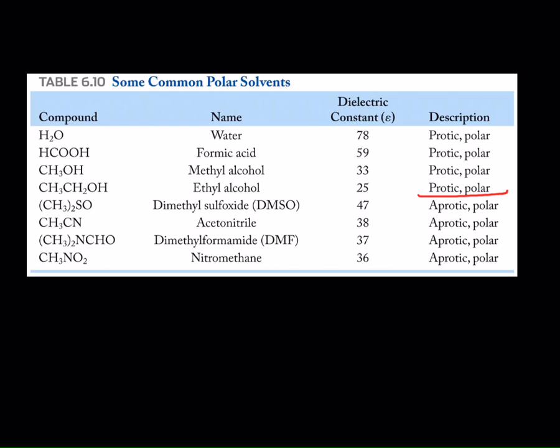So we have to understand most of the reactions that are going to be occurring in these polar solvents. And the other thing that we have to kind of review is that like dissolves like, right? So generally speaking, salts, and if we make a salt, then the salts are going to be soluble in water.